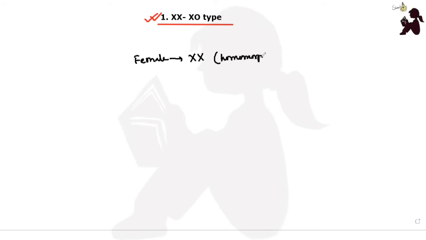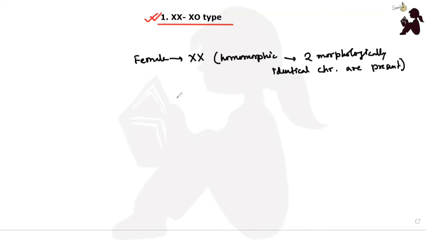Homomorphic means that in the organism, two morphologically identical chromosomes are present. Okay. Then the male individual in this case is XO.